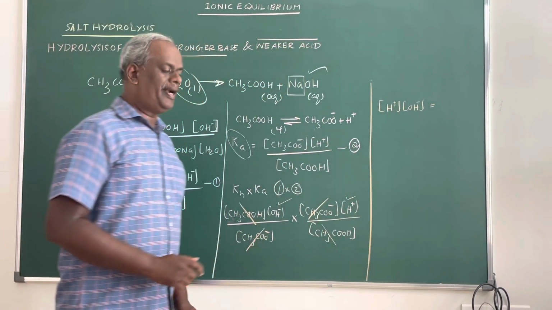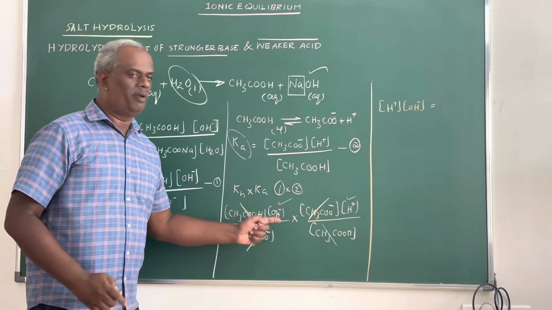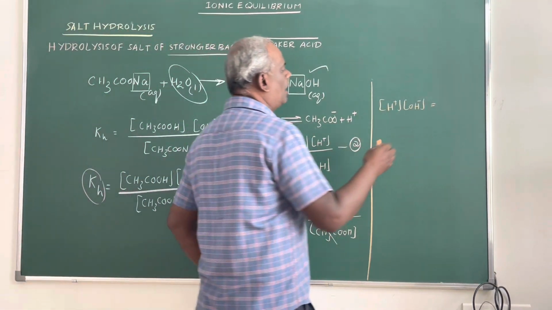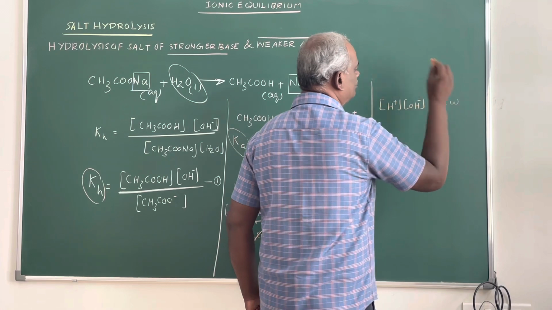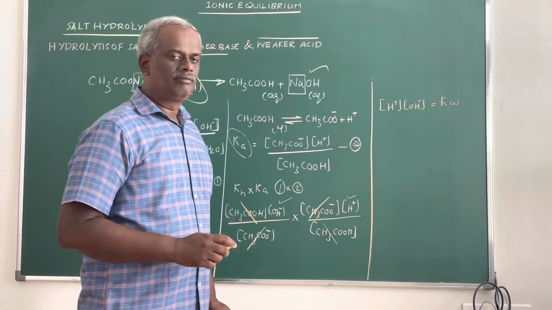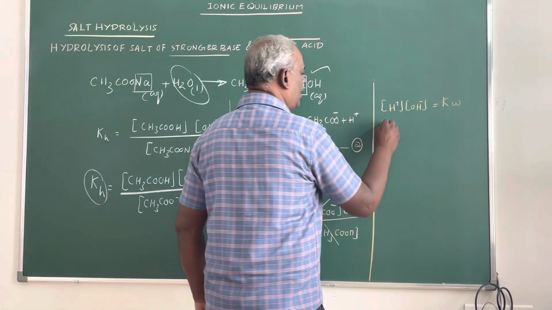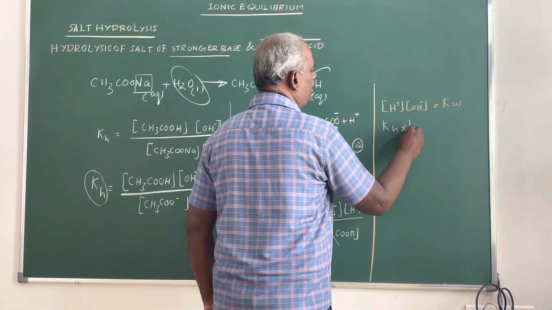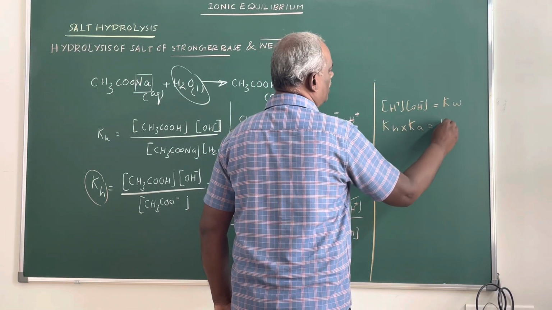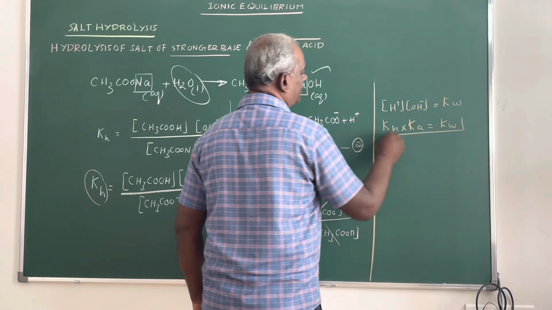We know the product of H plus into OH minus is nothing but the ionic product of water, Kw. It means KH multiplied by Ka becomes equal to the ionic product of water.